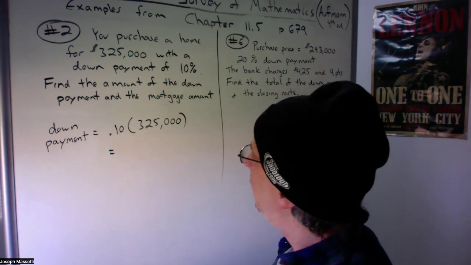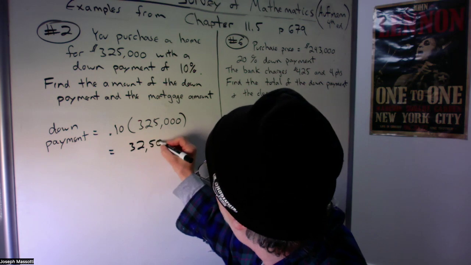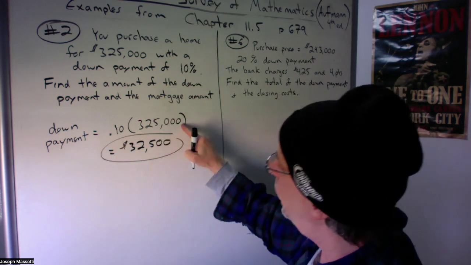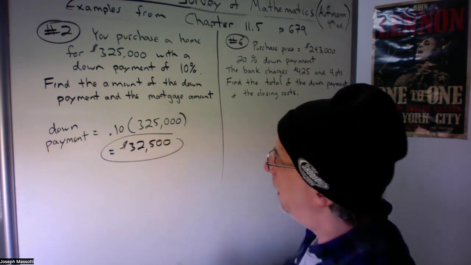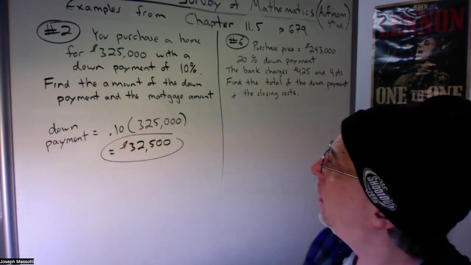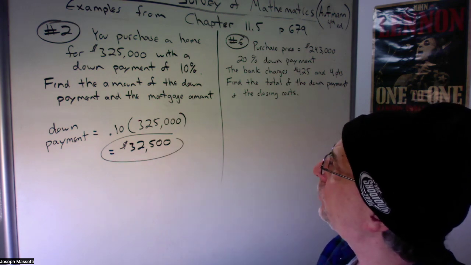So we know 10% is going to be $32,500. Right? You can plug that in your calculator, or you can just move the decimal one spot over to the left and see that that's $32,500. 1/10, right? 1/10 of 325,000 is 32,500.